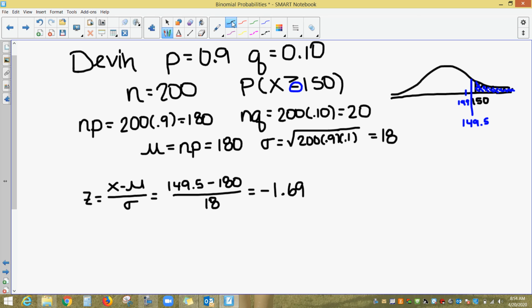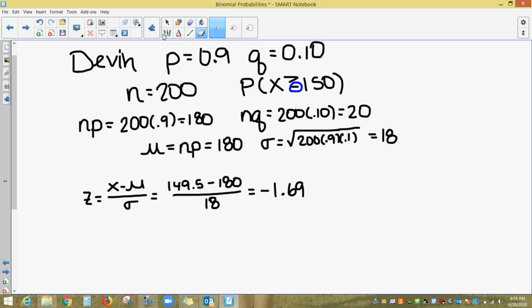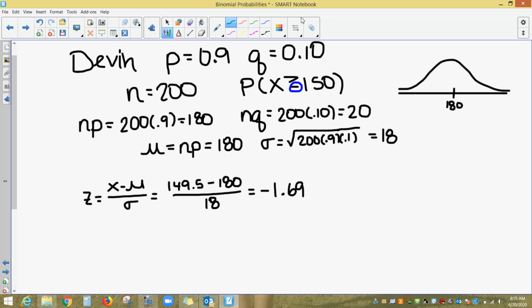My picture is bad here because I wasn't paying attention. 150 is less than the mean; the mean is in the middle. Apologize for that. So the 180 is here in the middle, which means if I want to make 150 or more, I'm over here. But if I'm going to correct for continuity, I'm at 149.5.